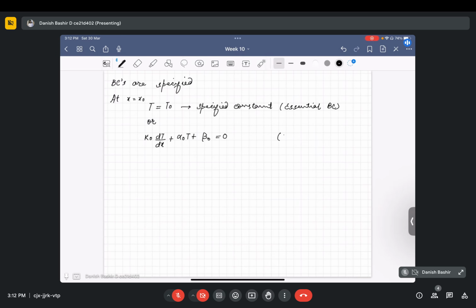This natural boundary condition can be specified, where I can write k naught to be equal to k of x at x equals x naught. I hope you are understanding my terminology. And alpha naught and beta naught are constants.